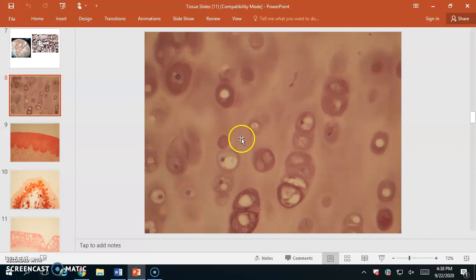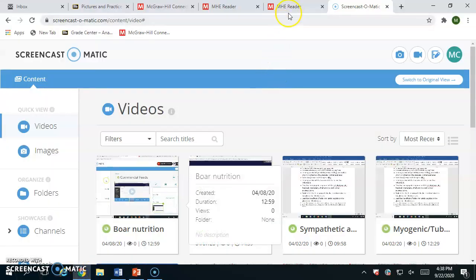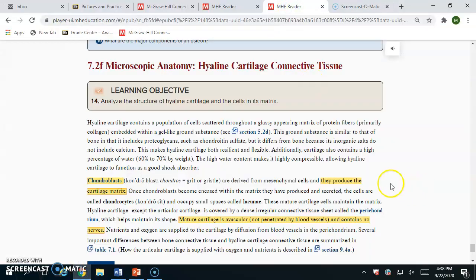Okay, let's go back to our textbook. This is the information about the hyaline cartilage. It's good to know what cells are associated with it: the chondroblasts that will eventually become chondrocytes, and what they're producing is the cartilage matrix.